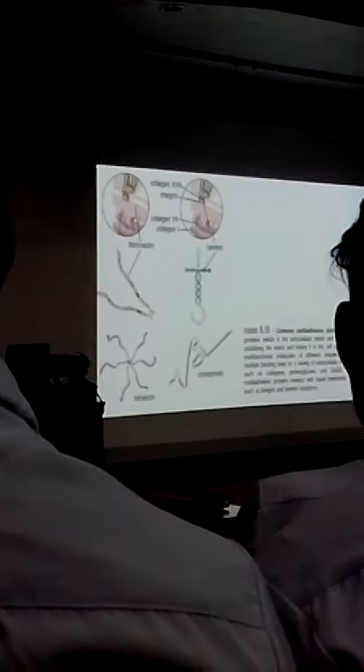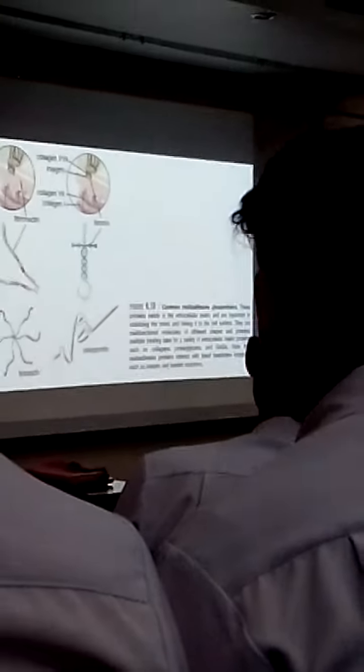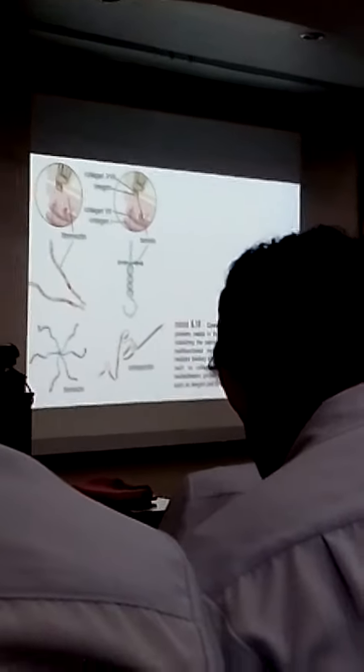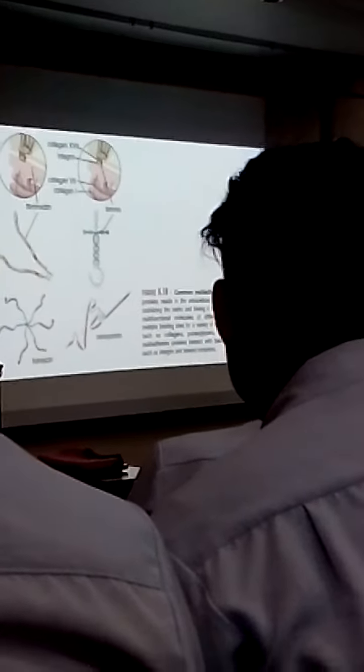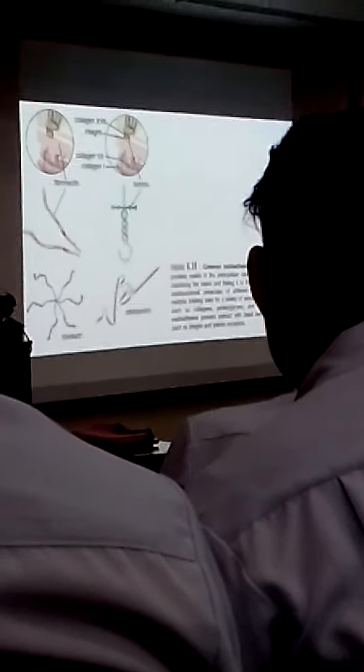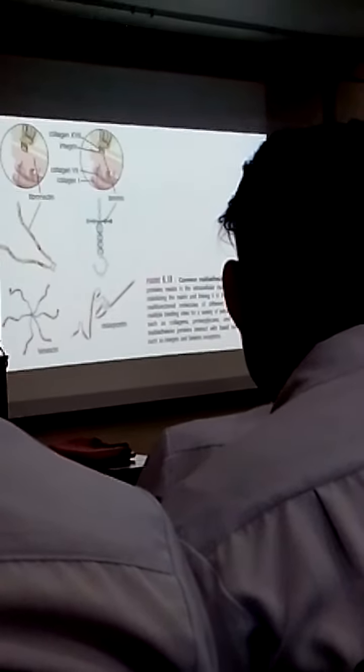But these tables were taken from the book. Those with significance with regards to clinical correlates and important roles, especially in our topics on connective tissue proper where we were discussing the pathologies, just familiarize yourself with these terms.